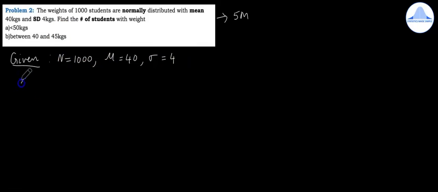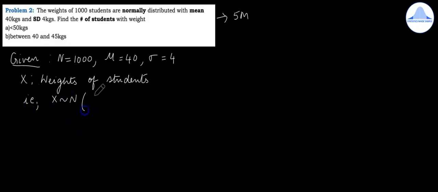So next is you have to define X. Now in this question they are talking about the weights of students. So X denotes weights of students. Then we usually write that X follows normal 40, 4 square.